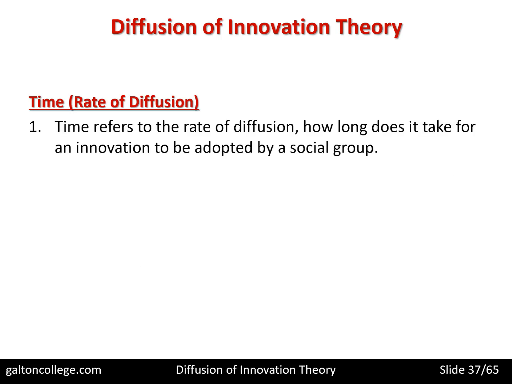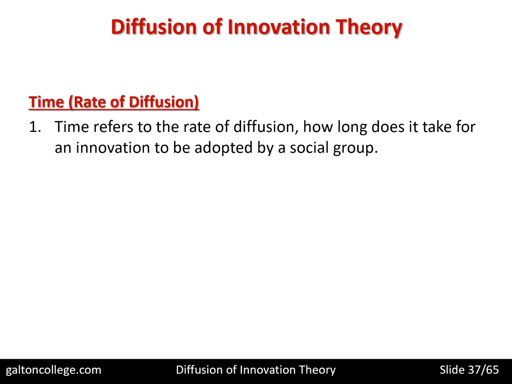Now, the rate of diffusion. Well, time refers to the rate of diffusion. How long does it take for an innovation to be adopted by a social group? So that's the rate of diffusion. How long does it take for a particular social group to take over that particular innovation?